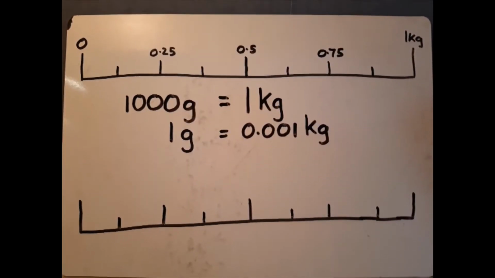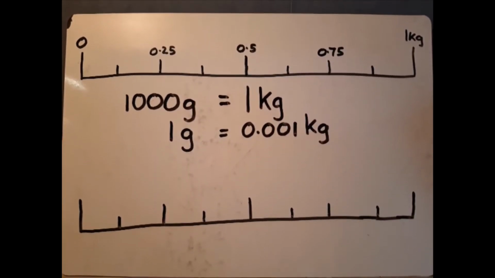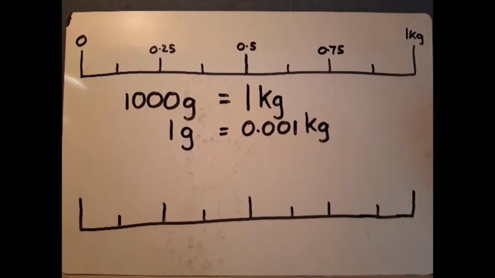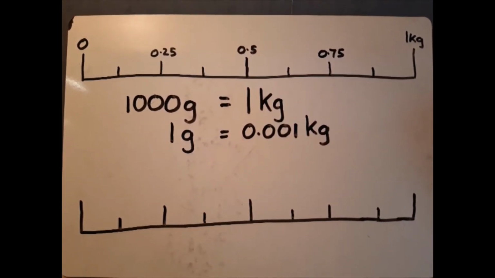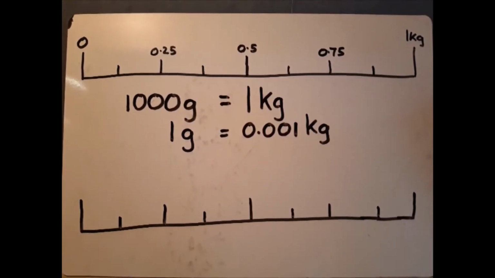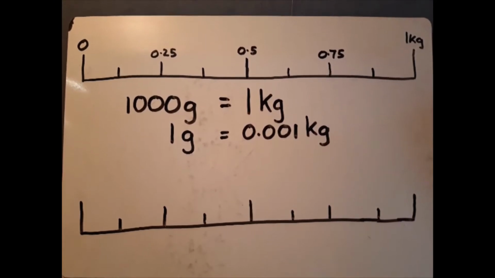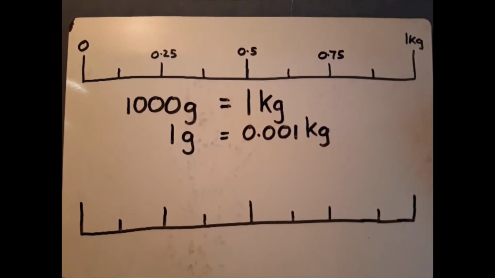Okay, let's have a closer look at this problem. What I've done is I've taken the scale that we had that was curved, and I've put it into a straight line. That's all I've done, and we've got the same scale there. So it's going from 0 up to 1 kilogram, and then the divisions are marked where 0.25, 0.5, 0.75 of a kilogram.